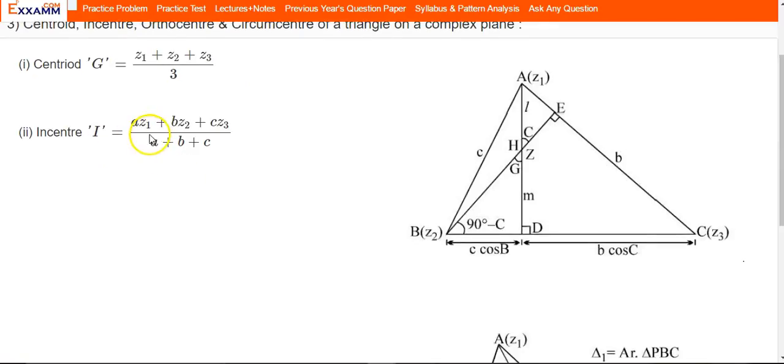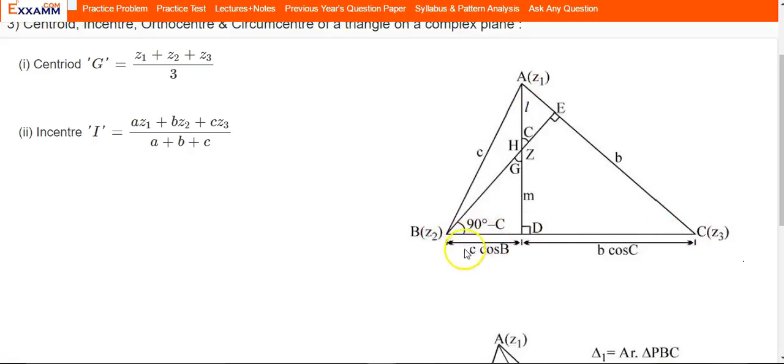Now what would be the coordinates of incenter? Incenter in case of coordinate geometry was ax1 plus bx2 plus cx3 divided by a plus b plus c, and similarly for y coordinates, where a, b, c are the lengths of the sides of the triangle.